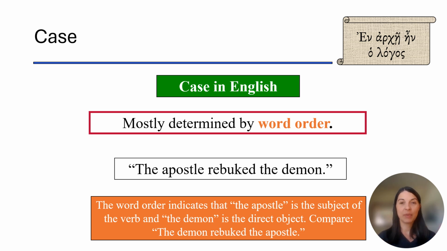The apostle and the demon don't have any differences. If those words were switched, they would then become the subject and the object. But in Greek, the word order is not as important as in English. It doesn't determine case. This is different from English.